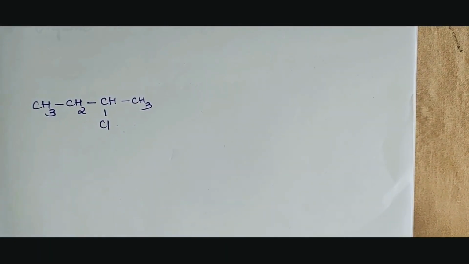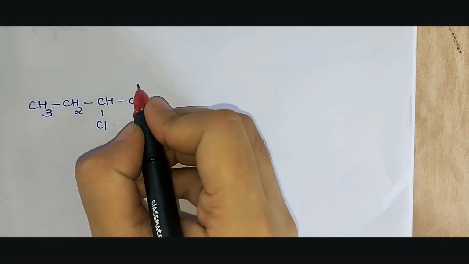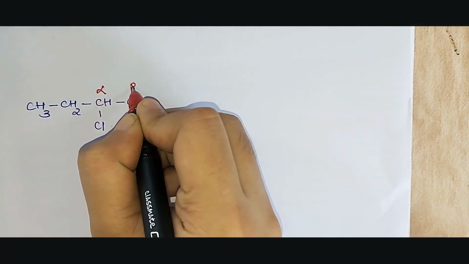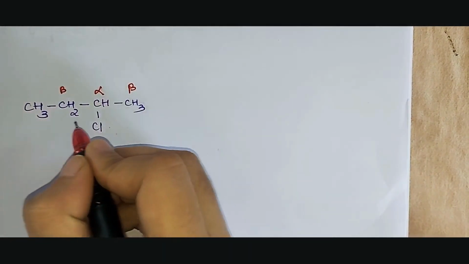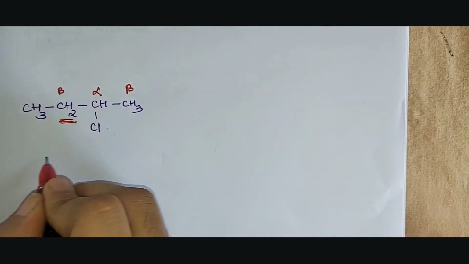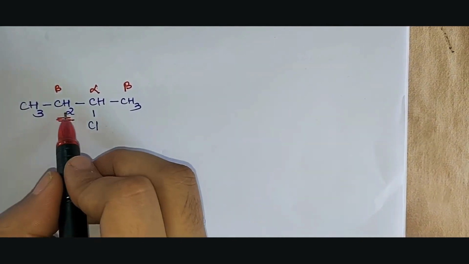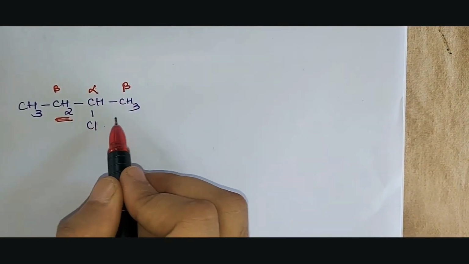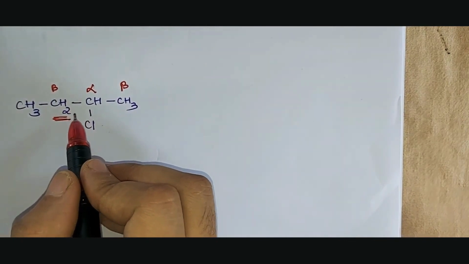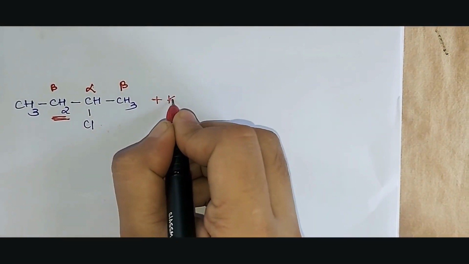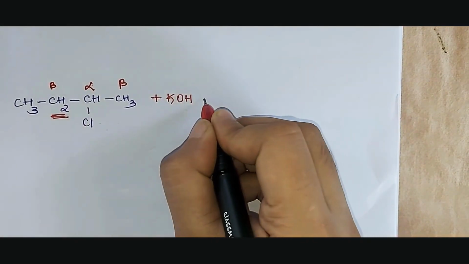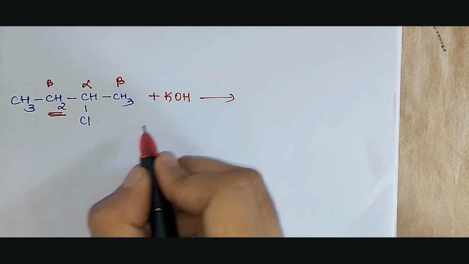Plus KOH. We will mark the alpha carbon, and there are 2 beta carbon atoms. Remember, you have to consider them one at a time. Let us consider first the one present on the left side. From that, hydrogen will be eliminated, and the halogen from the alpha carbon, and a double bond forms. The reaction is always carried out with KOH.